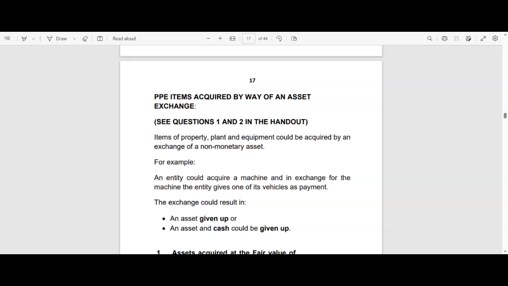So how did we say, last year as well as last week, we determine the purchase price? What is our default, our first port of call, our first method to determine the purchase price of an item of property, plant, and equipment?